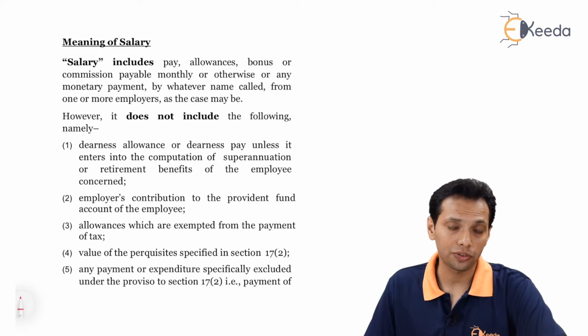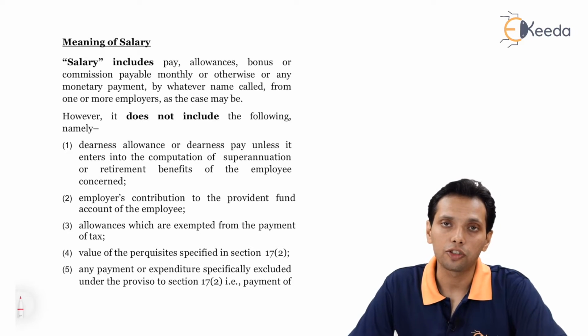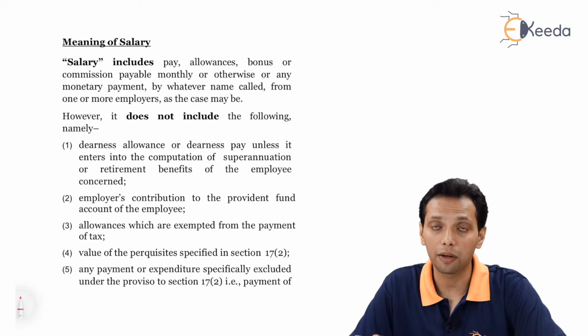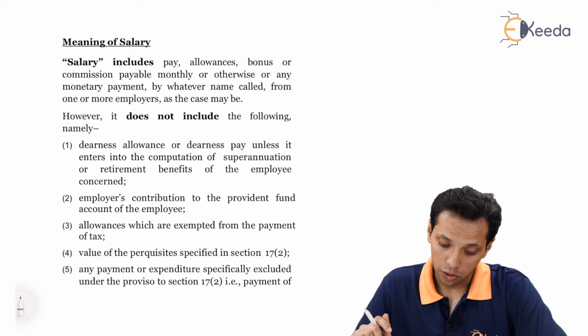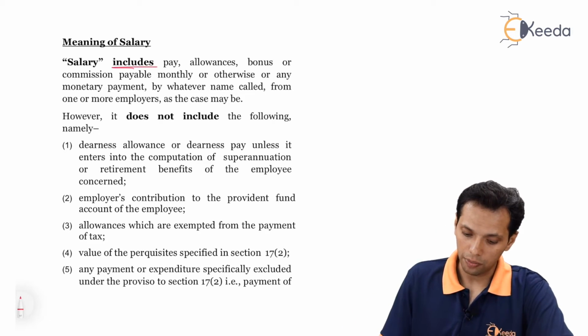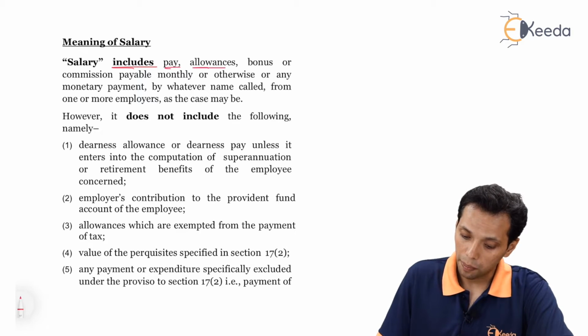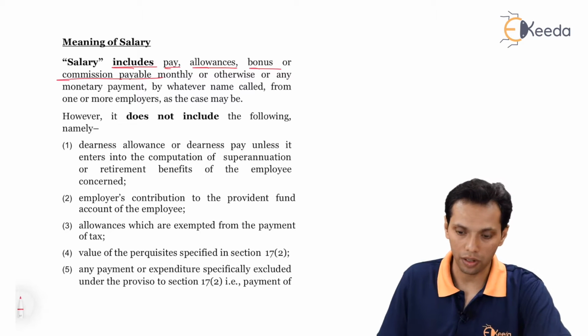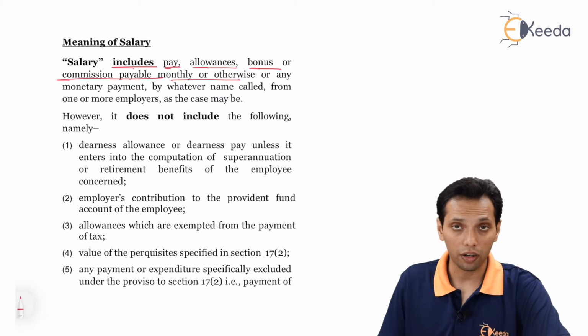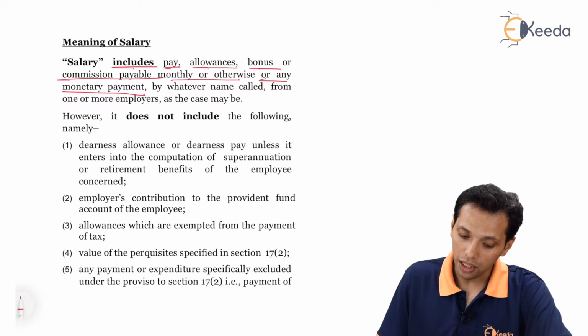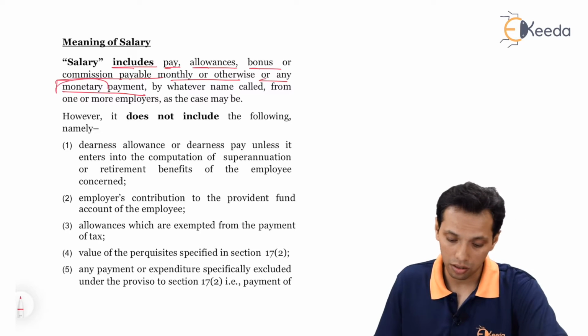Now the definition of salary. The definition of salary for the purpose of calculating the 15% of salary, 10% of salary or 7.5% of salary is to be computed as follows, wherein salary includes pay, allowances, bonus or commission payable either monthly or otherwise, or any other monetary payment.